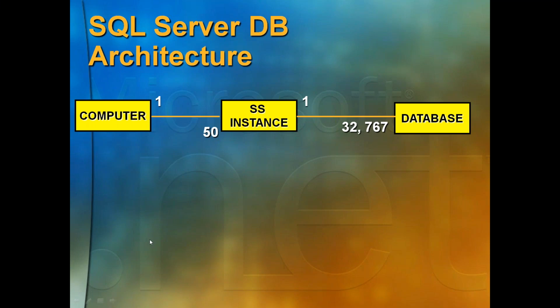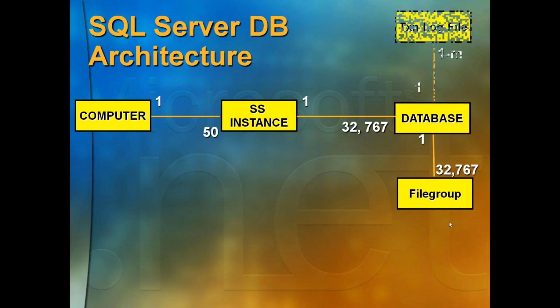Each and every human being will have two kidneys, one heart, one liver, like that. Each and every database can have up to 32,767 file groups, and one database can also have one or more transaction log files.